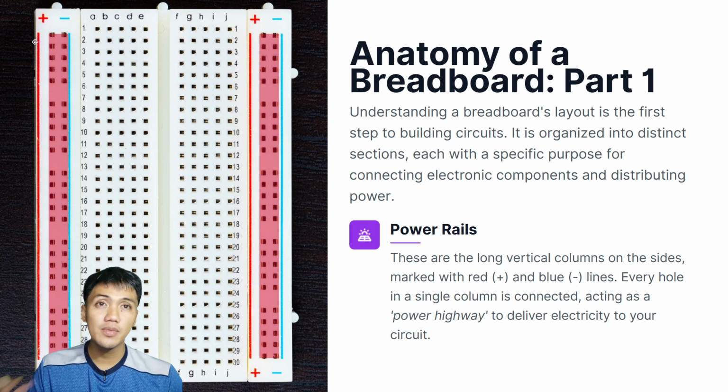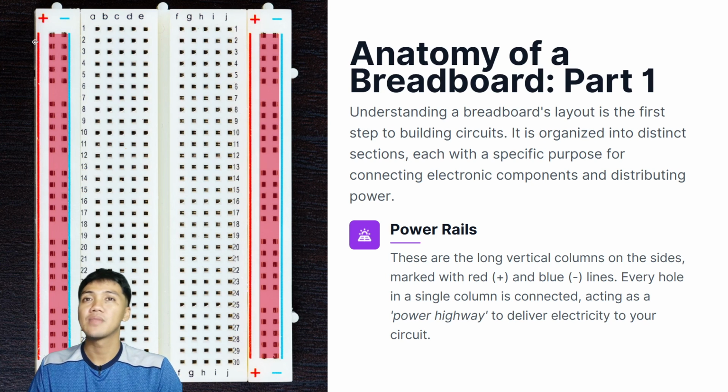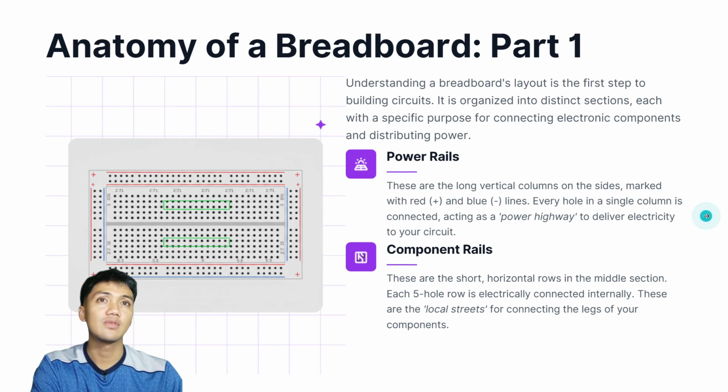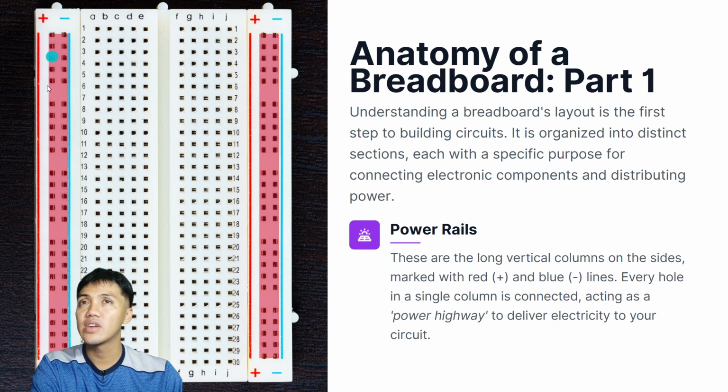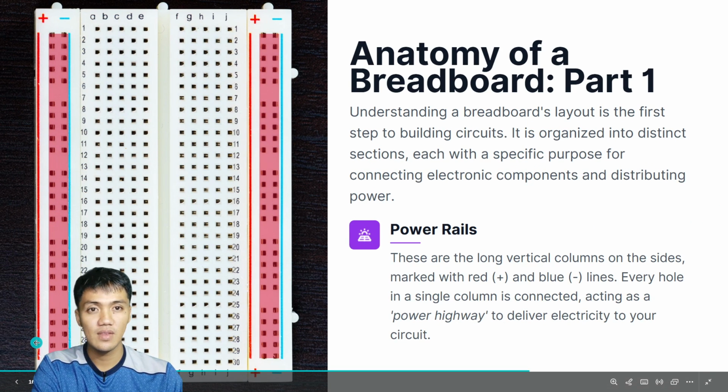The main purpose of that is to use it as your power highway across the circuit. By convention, we will be using this line right here as positive. Sorry, this line right here is the positive terminal, and this one is the negative.